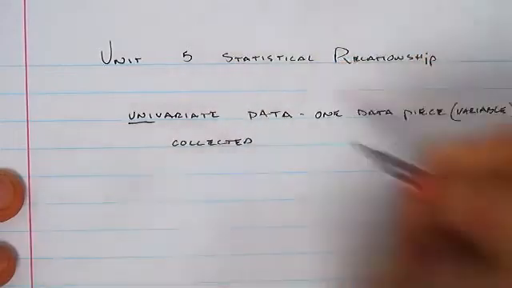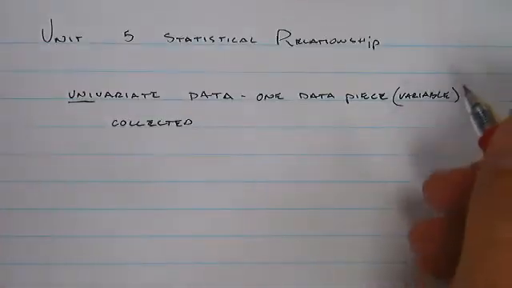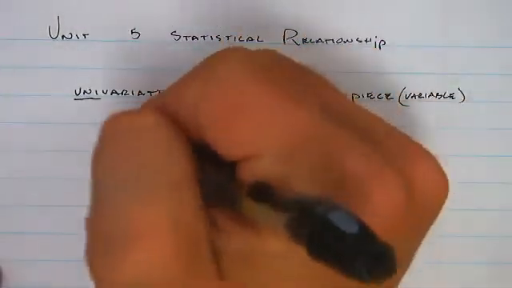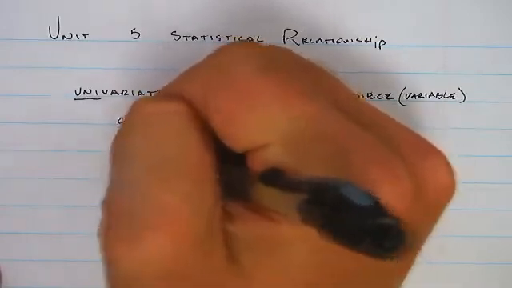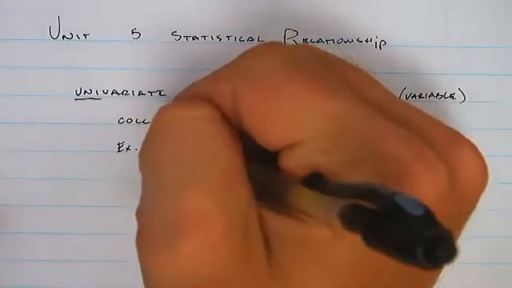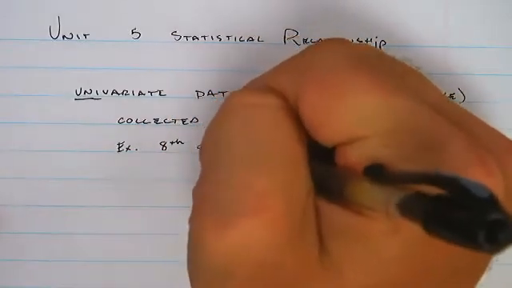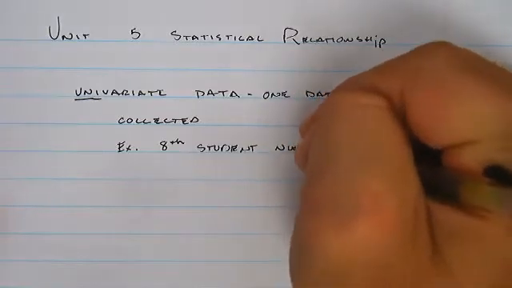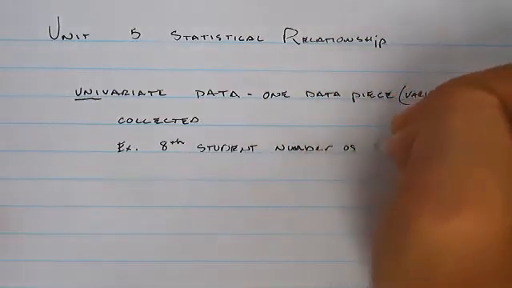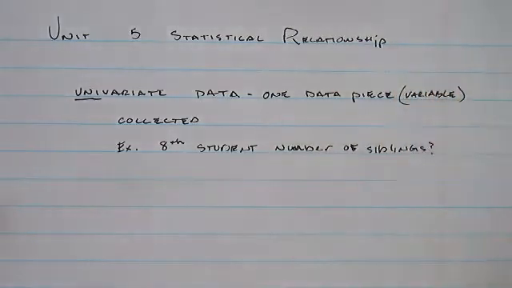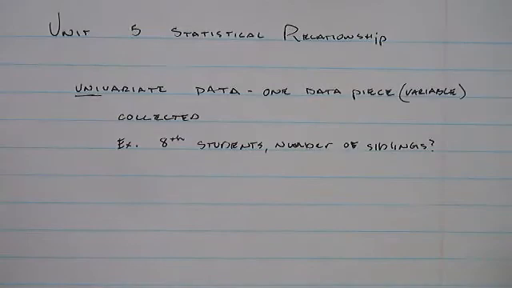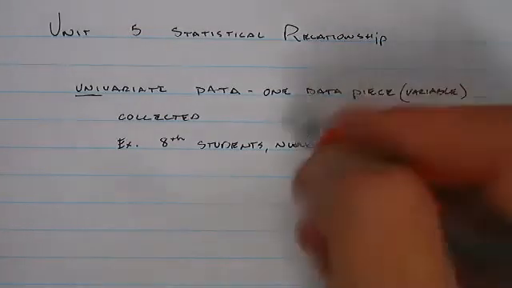So if we think about what it means to be univariate, let's say for our example we are asking eighth grade students their number of siblings. That's the question.